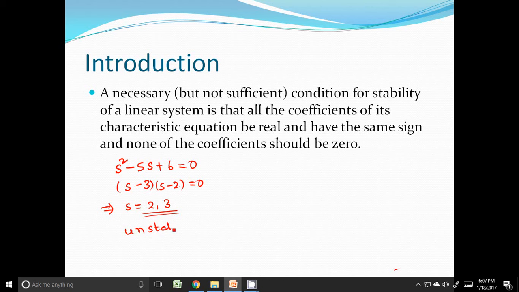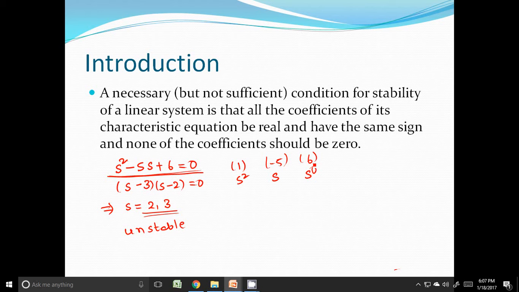Here we calculated the pole locations to comment on the stability of the system. Instead of calculating the poles, just observe the coefficients of this characteristic equation. The coefficient of s square is 1, the coefficient of s is minus 5, and the coefficient of s power 0, that is the constant term, is 6.